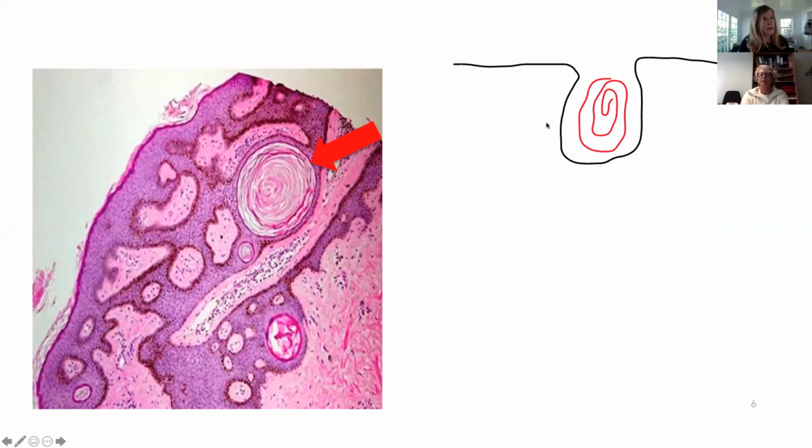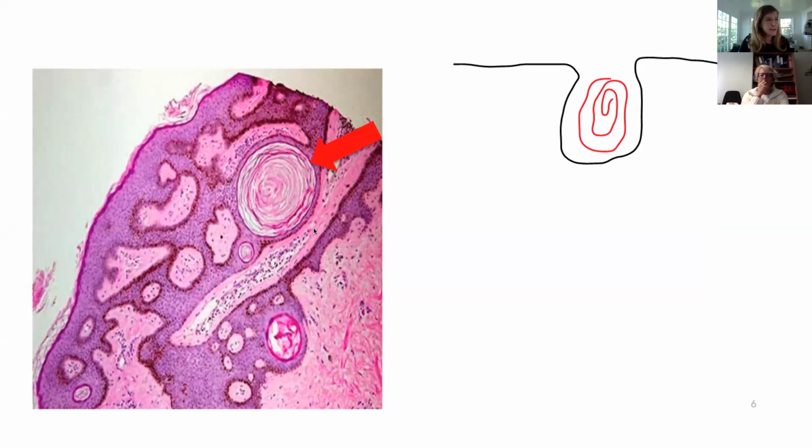But when we cut them across like this, because the surfaces of these lesions are so undulating, we're gonna cut across some of them, and it's gonna look like a little cyst here, but it's not really a cyst. So it's a pseudo-horn cyst.